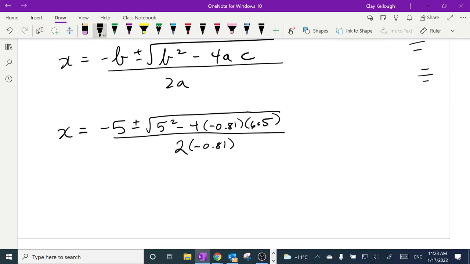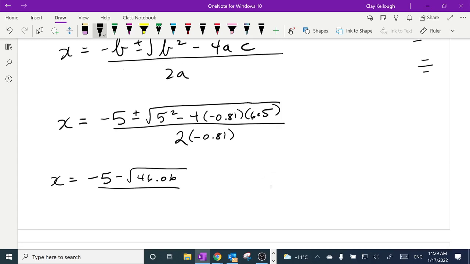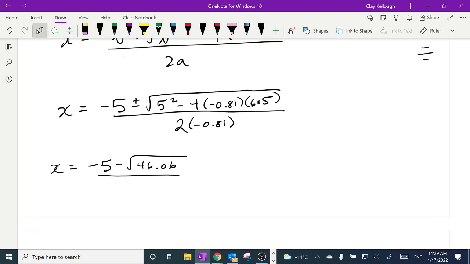So if you do it the step-by-step way, as somebody here said is the way they like best, I think you end up with, let's see, 25 minus 4 times 0.81, but make it negative, times 6.5. That's 46.06. All over, do you need a calculator for doubling the number 81?